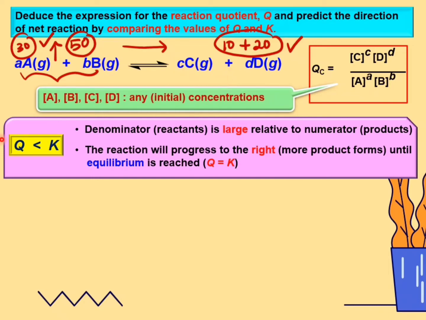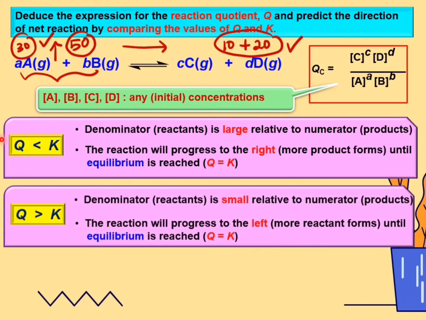Jelas? Okay, next. If Q more than K, the reactant smaller relative to the product. So this reaction will progress to the left to produce more reactant until the equilibrium is reached. Maksudnya terbaliklah. Sekarang ni reactant kita akan kurang. Produk yang banyak. So bila produk banyak, reactant kurang. So sistem itu sendiri akan re-establish untuk shift the system to the left.